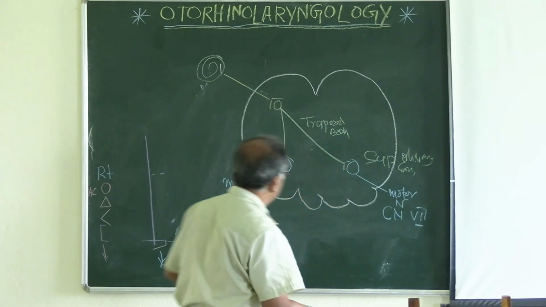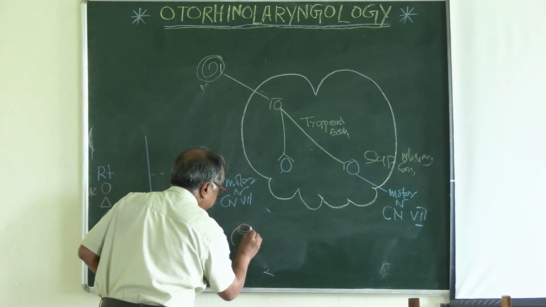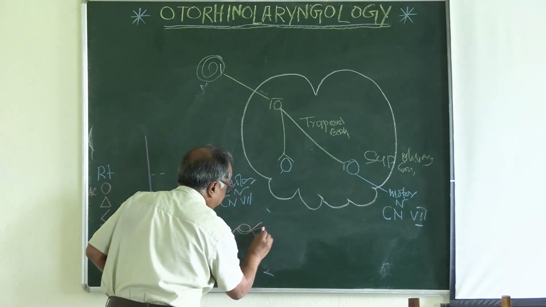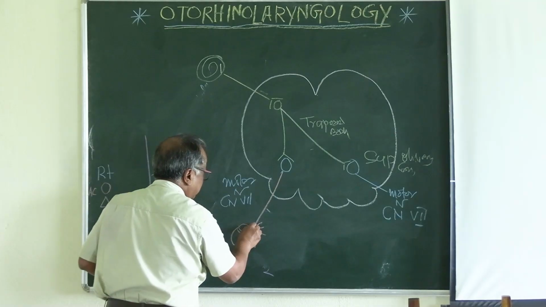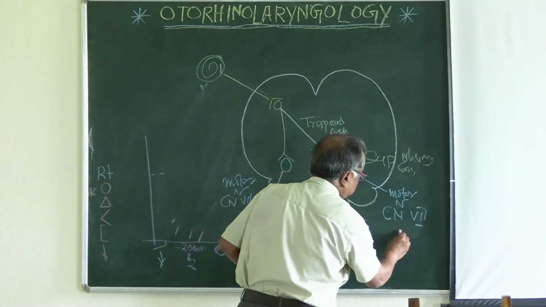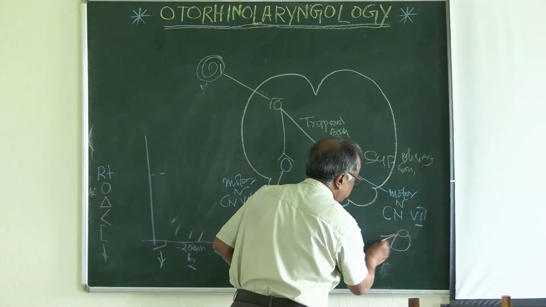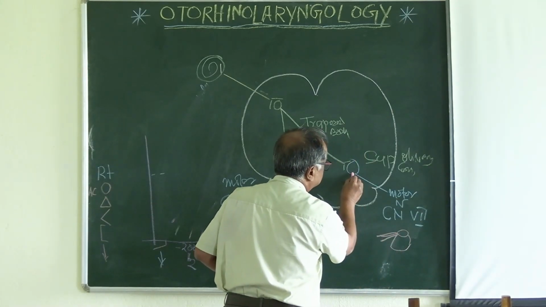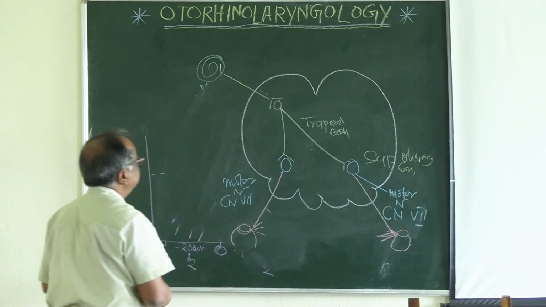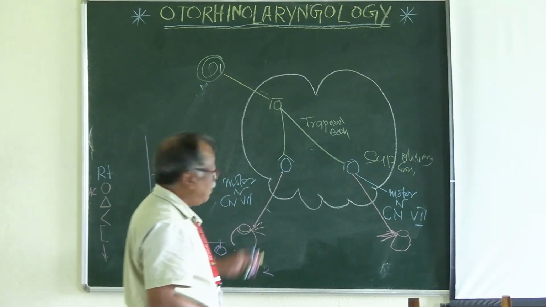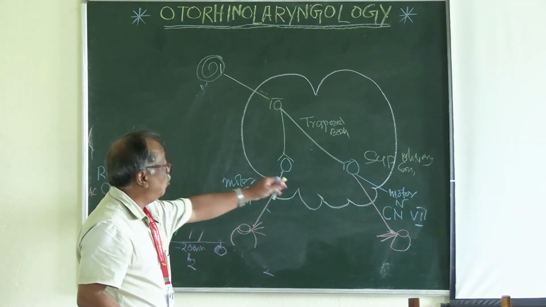And here is the stapes and stapedius muscle, directly controlled by the facial nerve. So the acoustic reflex is ipsilateral and contralateral.